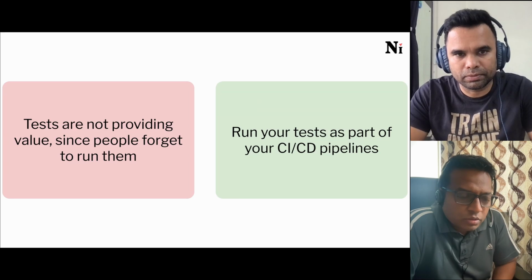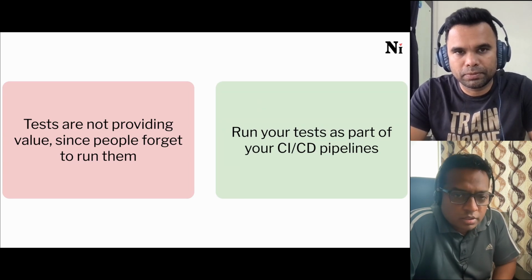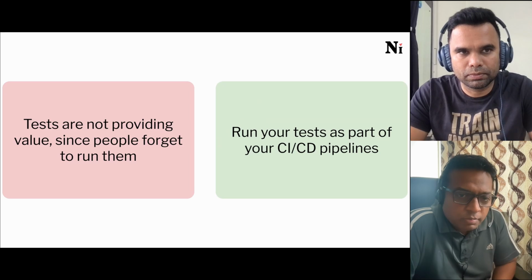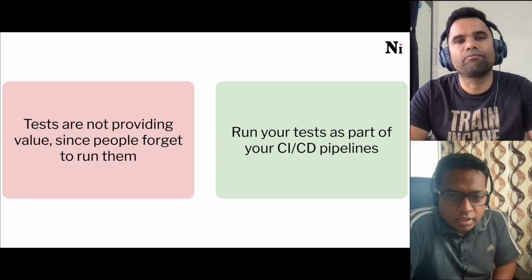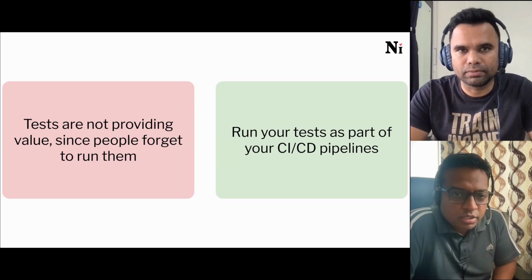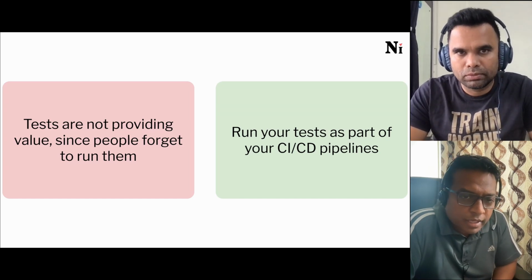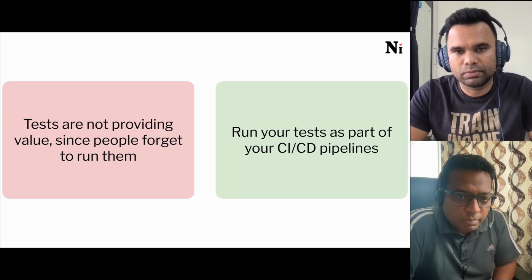And so what you'd like to do is make it part of the discipline for developers to run it before they check in, and then after they check in as well, it should run automatically as part of the continuous integration pipelines and continuous delivery pipelines for the team.